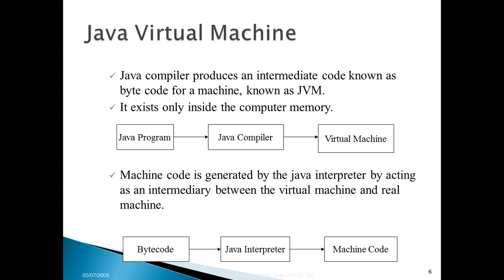The first sentence says the Java compiler produces an intermediate code known as byte code. This byte code, in the sense, the Java virtual machine will be generating it at the end.